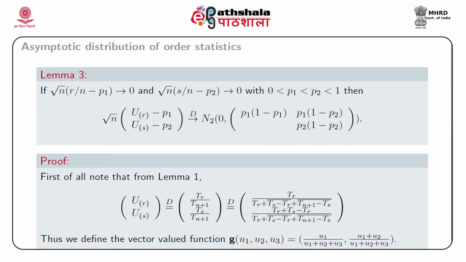So, we define the vector valued function with 3 arguments u1, u2, u3 as u1 divided by u1 plus u2 plus u3, and the other component is u1 plus u2 divided by u1 plus u2 plus u3.